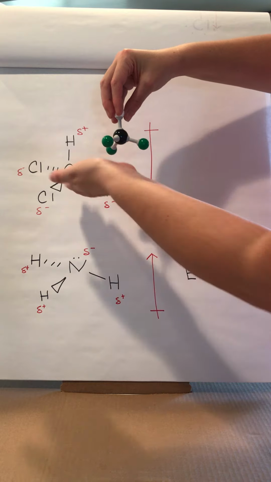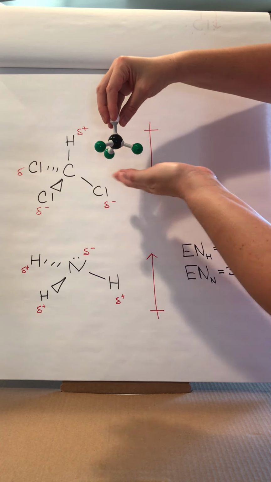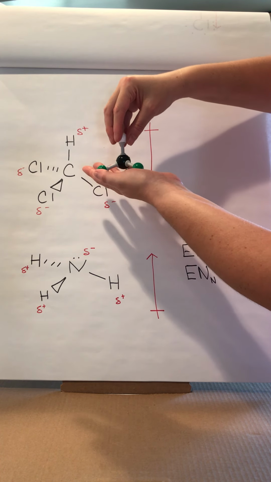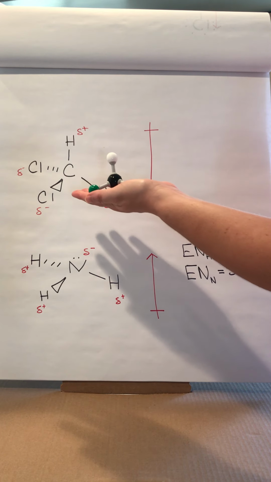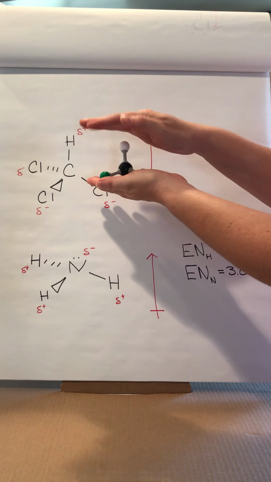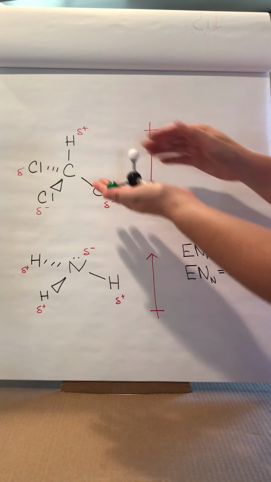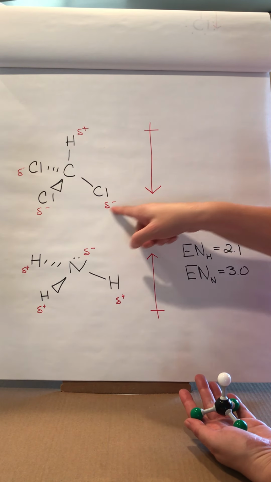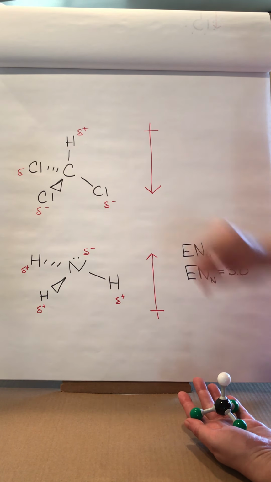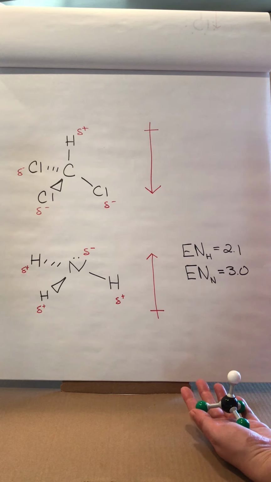So that means that this end of the molecule is partially negative, which creates another pull. Okay, so that one right here is partially positive up here. And I've written it with the delta symbols down here and the delta positive up there.